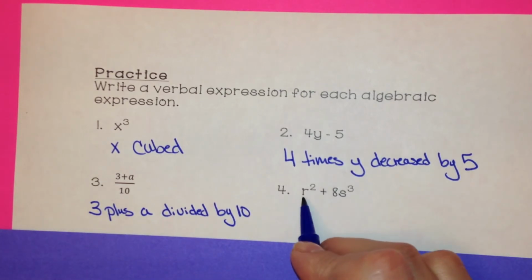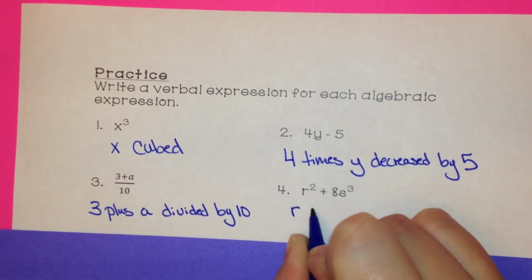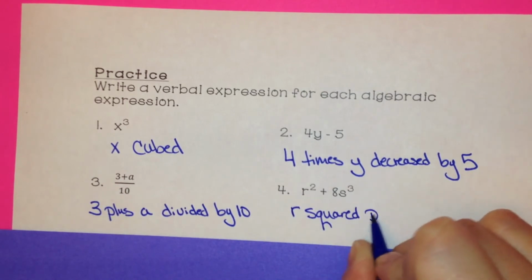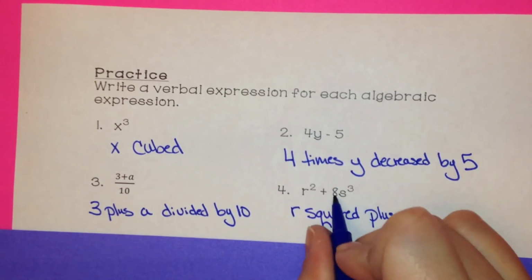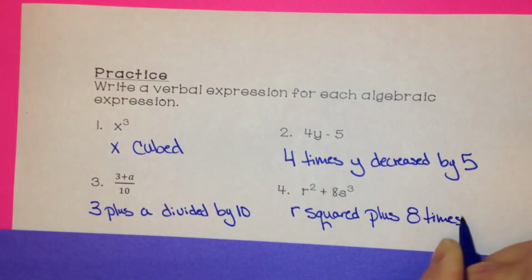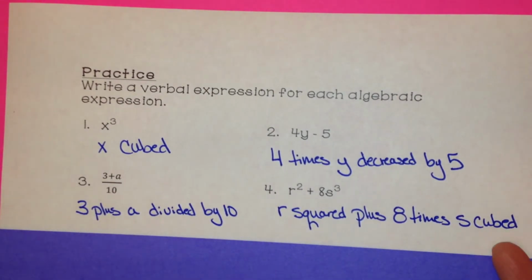Okay, number 4, we have, I'm going to write r squared, you can put to the 2nd power, r squared plus 8 times, I'm going to write s cubed. Okay, instead of using cubed, you can put to the 3rd power, multiplied by the sum of r squared and 8 times s cubed.